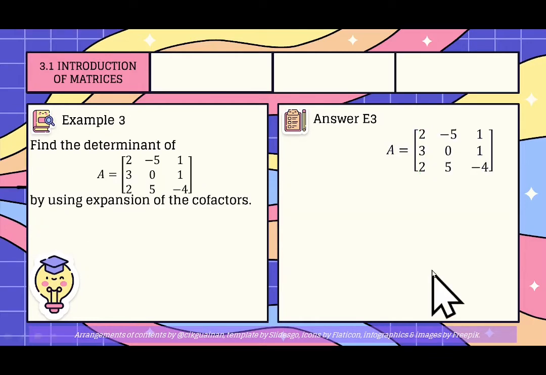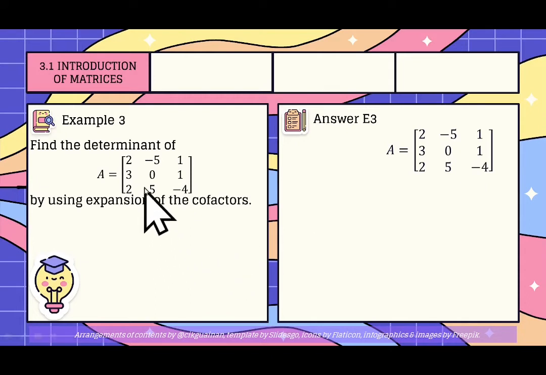Example 3, find the determinant of this matrix by using expansion of the cofactors. As we can see over here, this question is quite different from the previous ones because it doesn't state which column or which row we have to expand. So a tip for you: it is easier to calculate the determinant by expansion of cofactors if we do it along the row or column that has the most 0s.